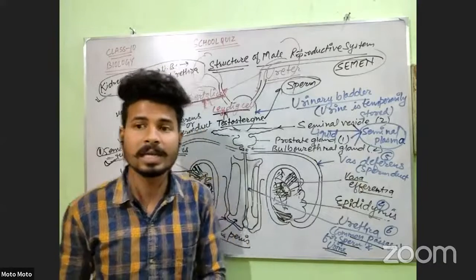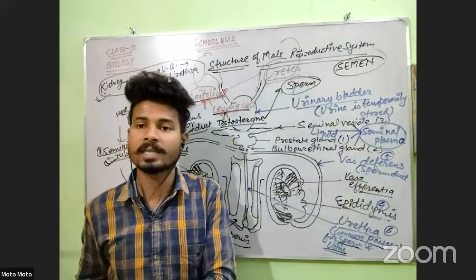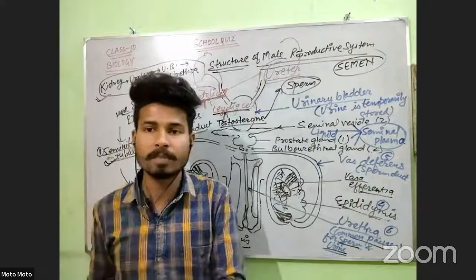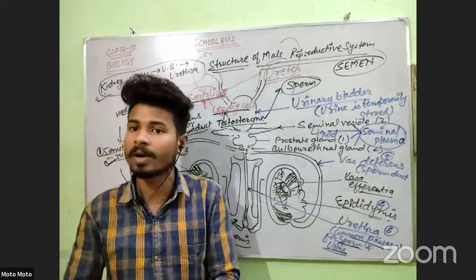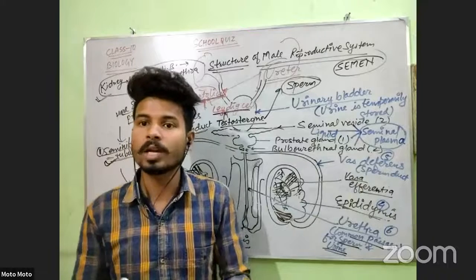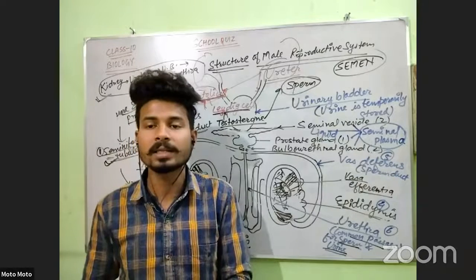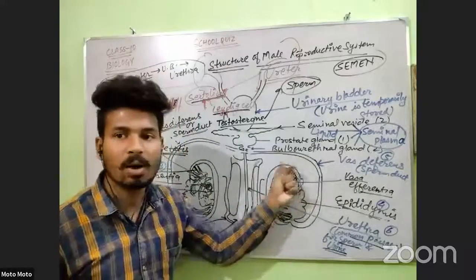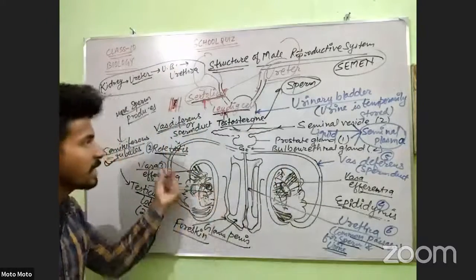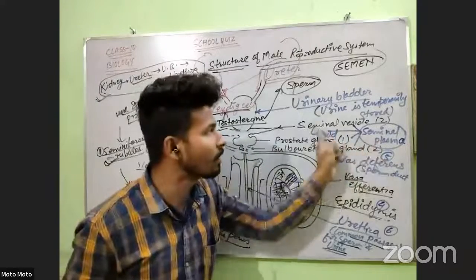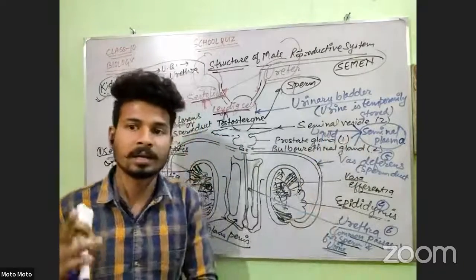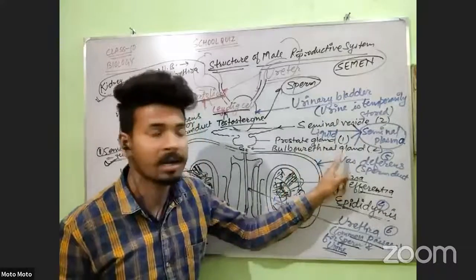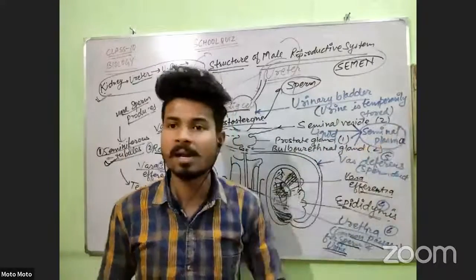The Sertoli cell is present in the seminiferous tubule and provides nutrition for maturation, but it will not come out along with the sperm. So after ejaculation of sperm from the testes, the nutrition is provided by the seminal vesicle, prostate gland, and bulbourethral gland through the secretion named seminal plasma.